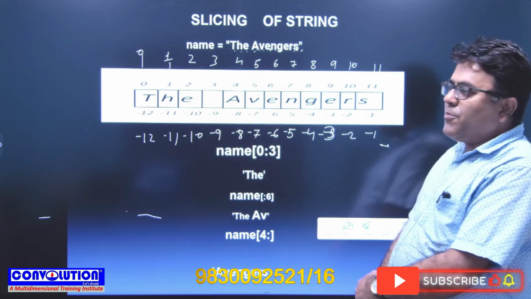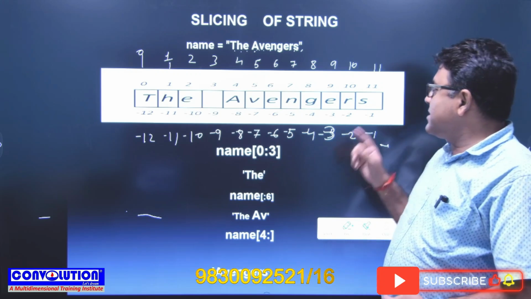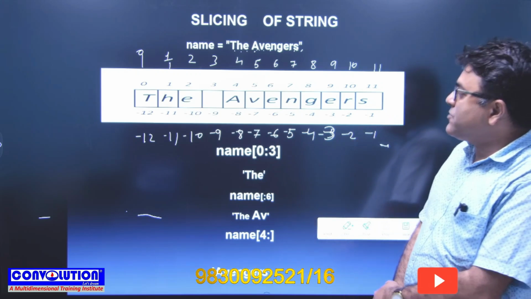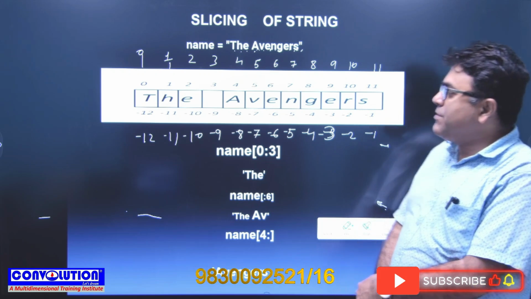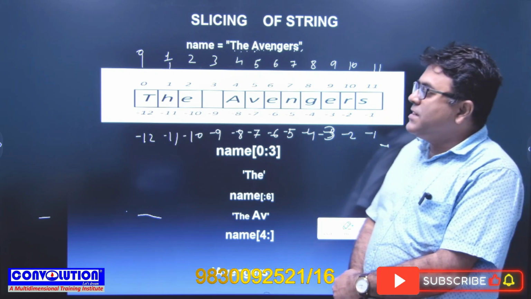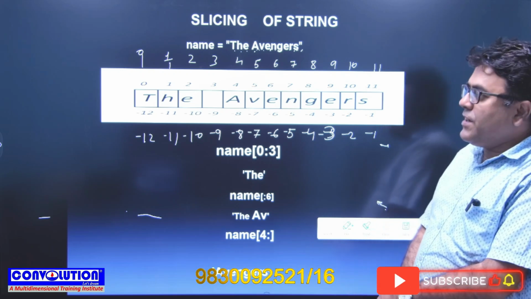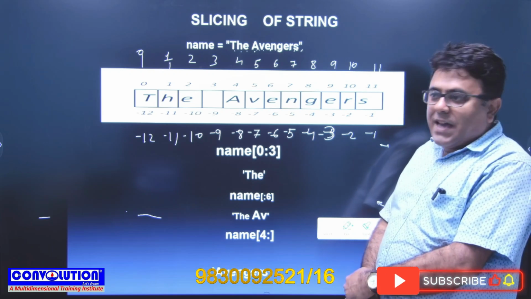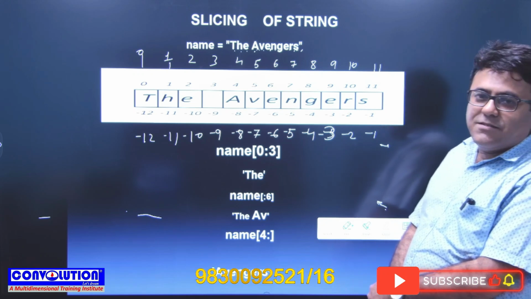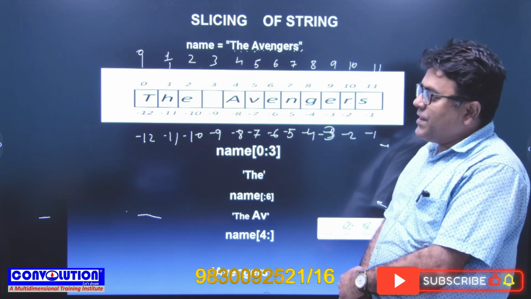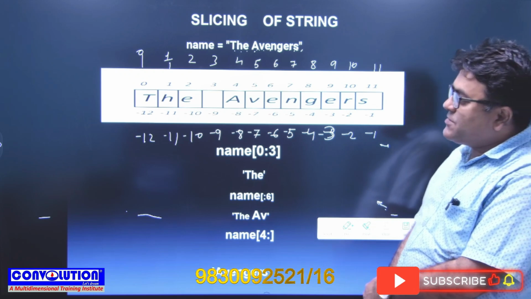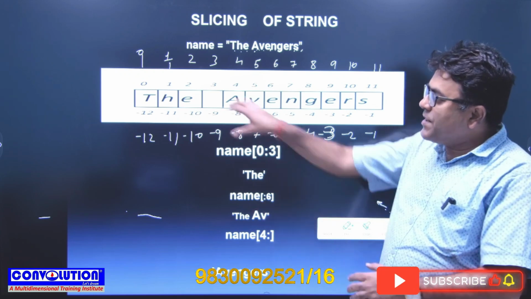If you go for back counting, it will be -1, -2, -3, -4, -5, -6, -7, -8, -9, -10, -11 and -12. This is how the characters are represented in Python. Remember, for space we have a separate block.